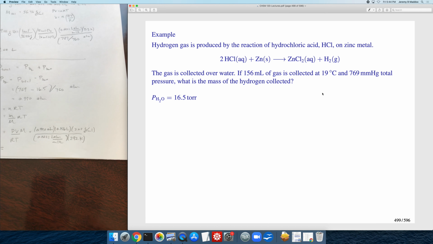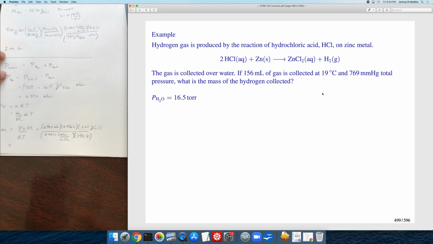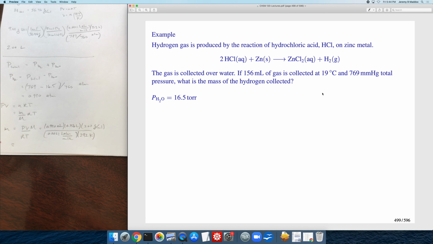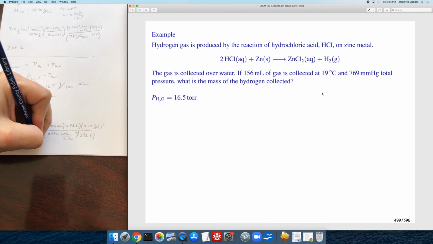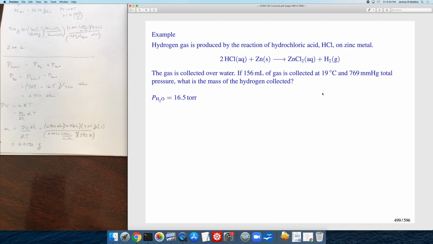That's going to give us the mass that we want. I'm getting 0.013 for my answer.